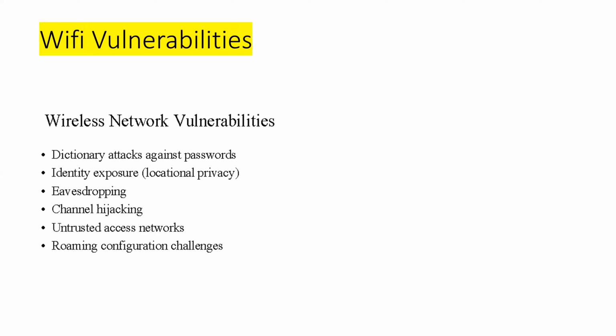Maybe I can use free Wi-Fi at the neighbor. So by beaconing, by broadcasting your Wi-Fi access point, you're exposing yourself to identity exposure and potentially eavesdropping and channel hijacking, and so on. Essentially, somebody could try to break into your access point and either take advantage of it, or get on it and take control of your access point.